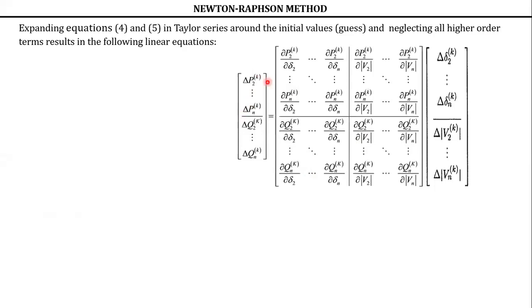Power residuals. I have explained in equations 17 and 18 how to calculate power residuals with respect to real power and reactive power, isn't it? This is known to you. And what is this? Jacobian. Jacobian is also known to you, because in each iterative process you are going to calculate it. The only unknowns are delta 2 and delta V2 values, that is, the change in voltage phase angle delta and the change in voltage magnitude.